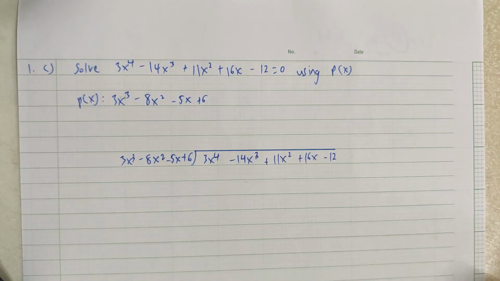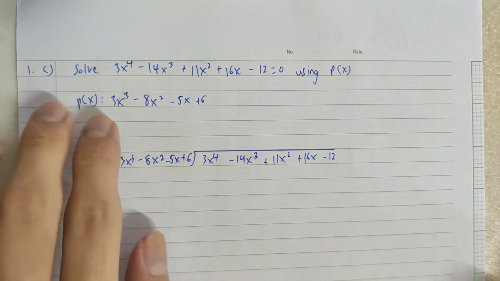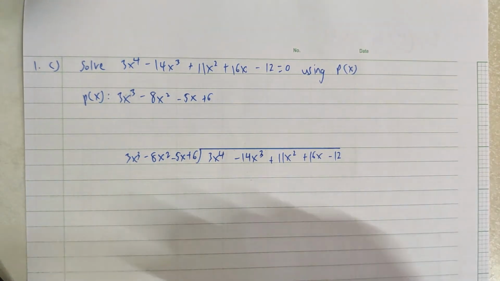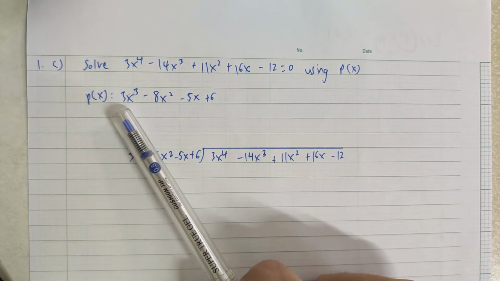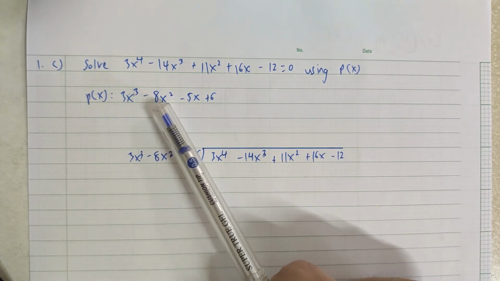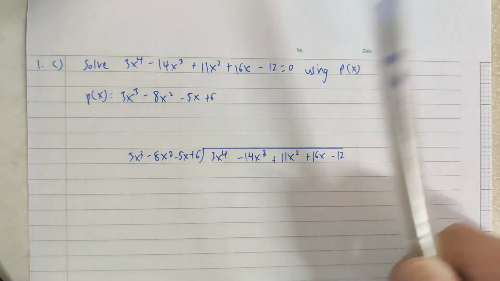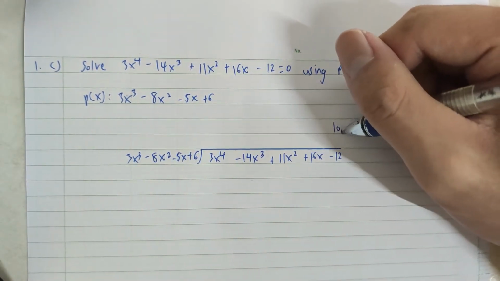Hi everyone, so we are going to solve part C of question 1. Solve this equation by using Px, which is 3x cubed minus 8x squared minus 5x plus 6. So we are going to use long division.